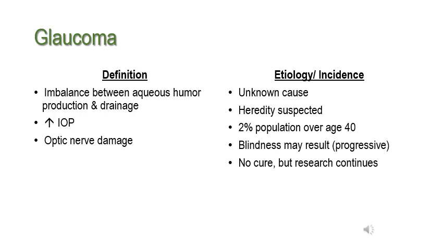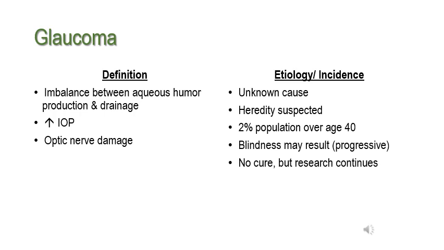So again, with glaucoma, the underlying problem is going to be increased intraocular pressure that's caused by the increased aqueous humor, and ultimately that chronic or progressive increased intraocular pressure will cause optic nerve damage, and the optic nerve damage over time is what leads to the blindness.